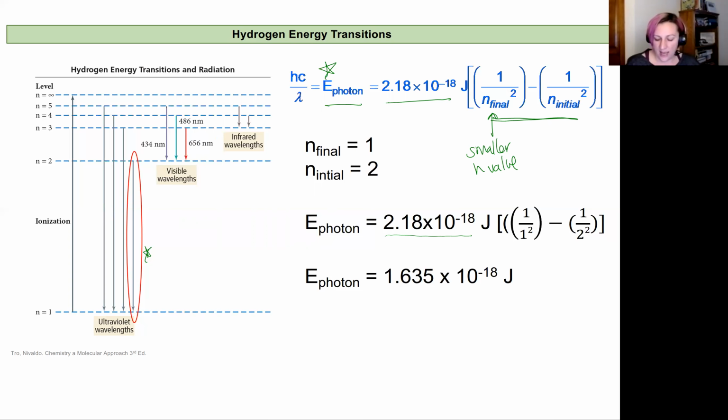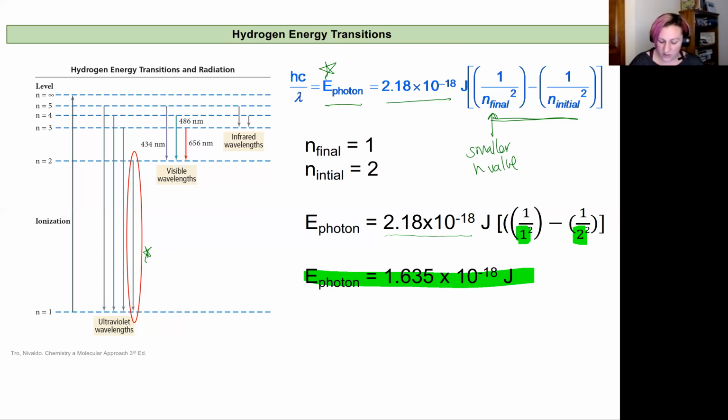And then I would have that all multiplied by the inverse of n equals 1 squared, then minus the inverse of the n equals 2 squared. And taking that value, I'll get an energy of a photon that corresponds to 1.635 times 10 to the negative 18th joules.